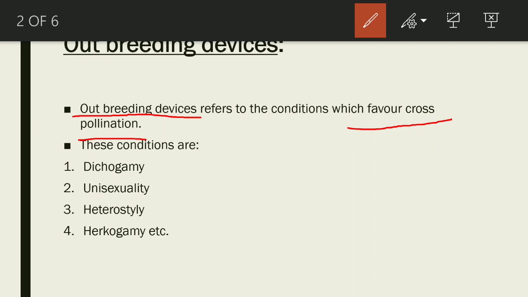These conditions are dichogamy, unisexuality, heterostyle, and hercogamy, etc. And we had studied about these terms in the previous video.